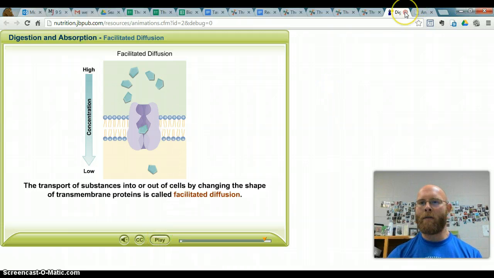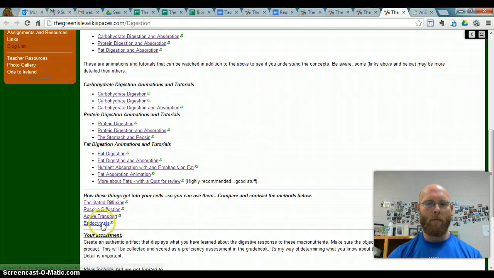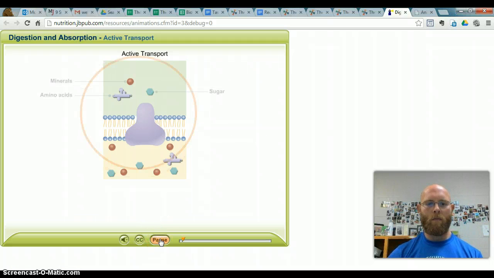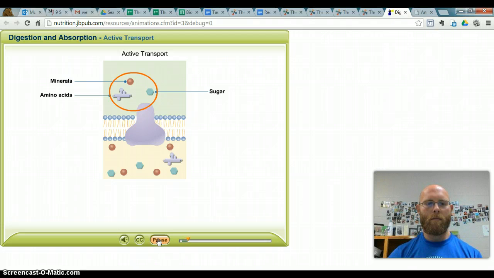Let's take a look at active transport. Some substances, such as amino acids, need a lot of assistance to enter and exit cells.